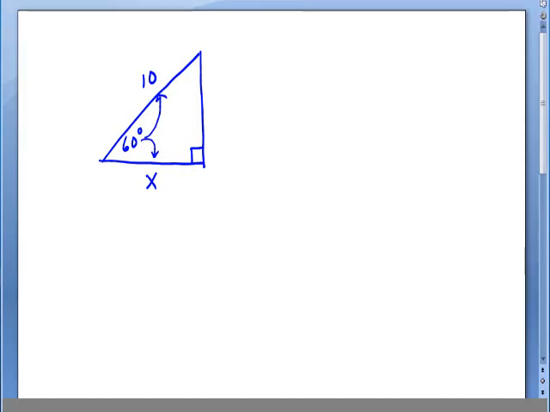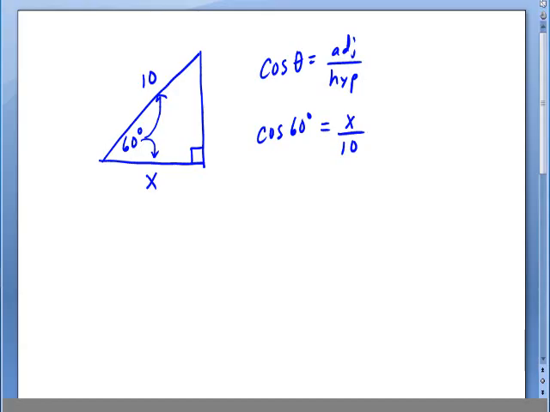So we look back at those three trig ratios and decide that this is the one that's related to the trig function of cosine. Since cosine of theta is equal to the adjacent side divided by the hypotenuse, if we fill in our values, the cosine of 60 degrees is equal to the adjacent side x divided by the hypotenuse, which is 10. Now I have an equation that I can solve for x.